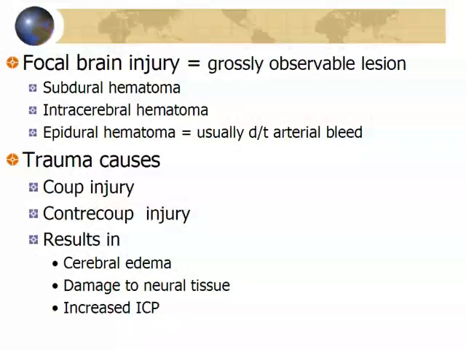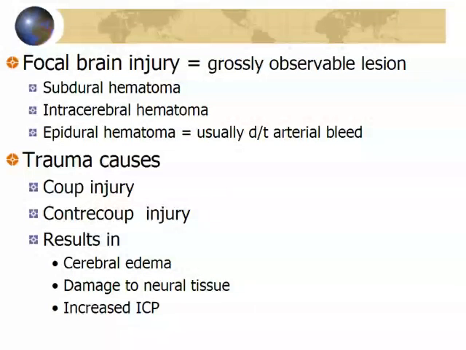Either one can cause cerebral edema, which if it isn't controlled will cause permanent brain damage or brain herniation and brain death. It tends to peak within 18 to 36 hours after the injury. It also causes damage to the neural tissue, to your brain tissue, and will increase intracranial pressure.